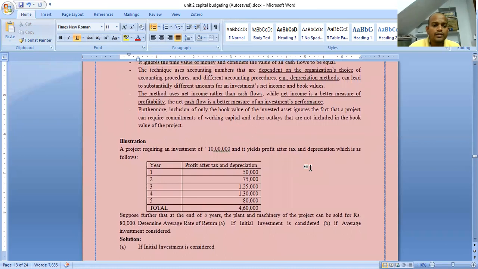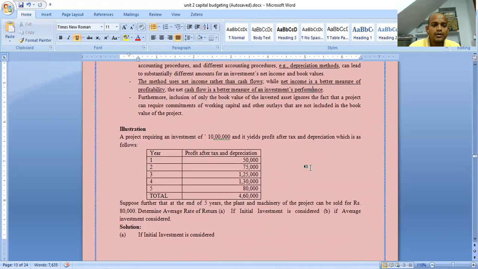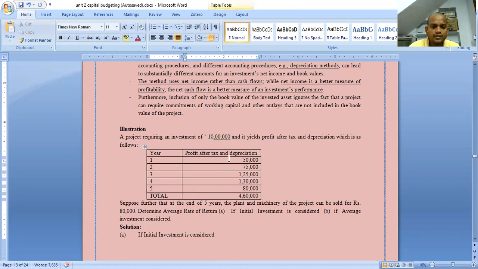So we have another illustration. A project requiring an investment of 10 lakhs yields a profit after tax and depreciation as follows. Up to 5 years, the total is 4 lakh 60,000.